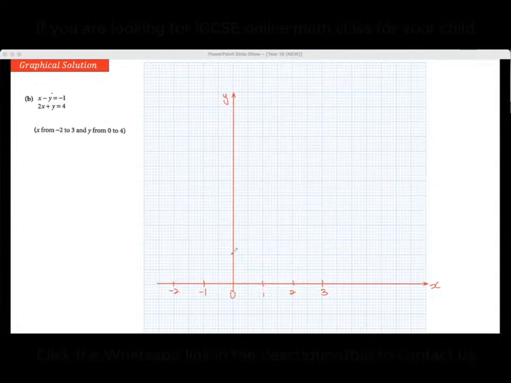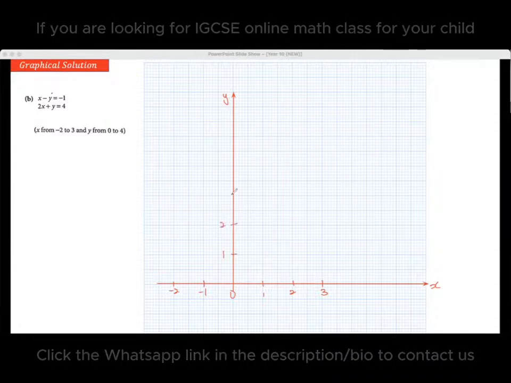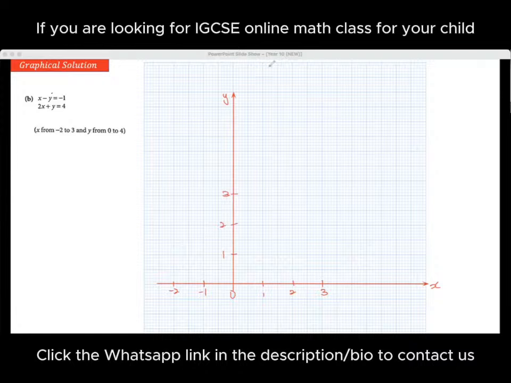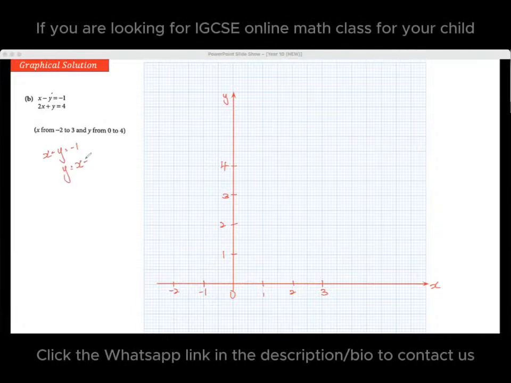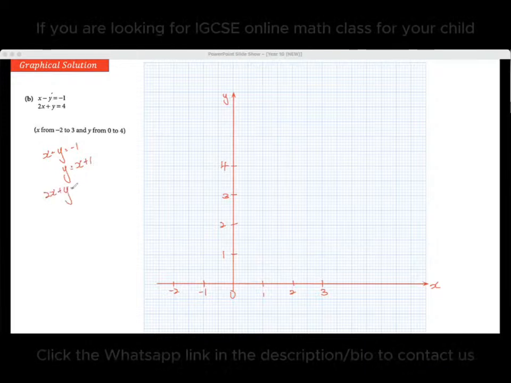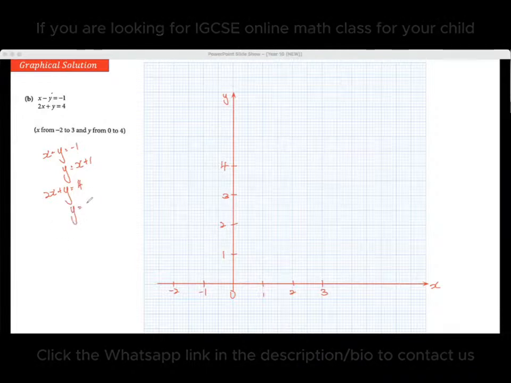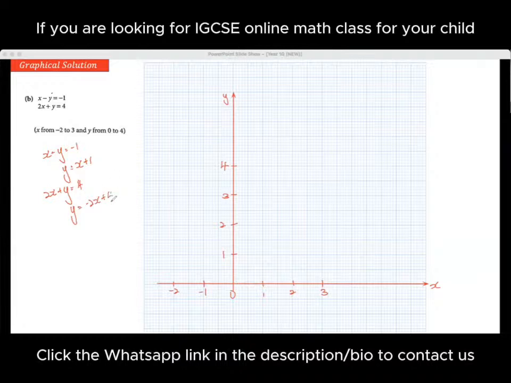And then this is 0, 1, 2, 3, and 4. So again, x minus y equals -1. I'll rewrite into y equals x plus 1. When 2x plus y equals 4, I'll rearrange it to become y equals -2x plus 4.